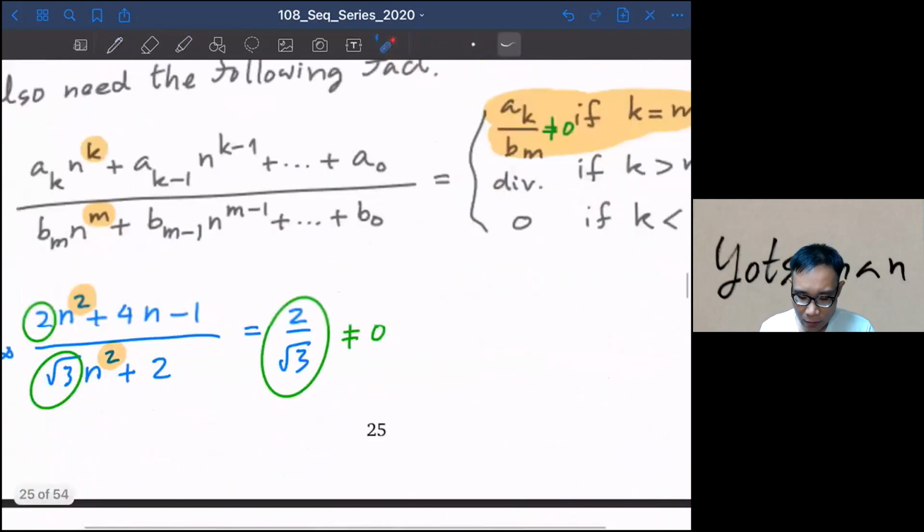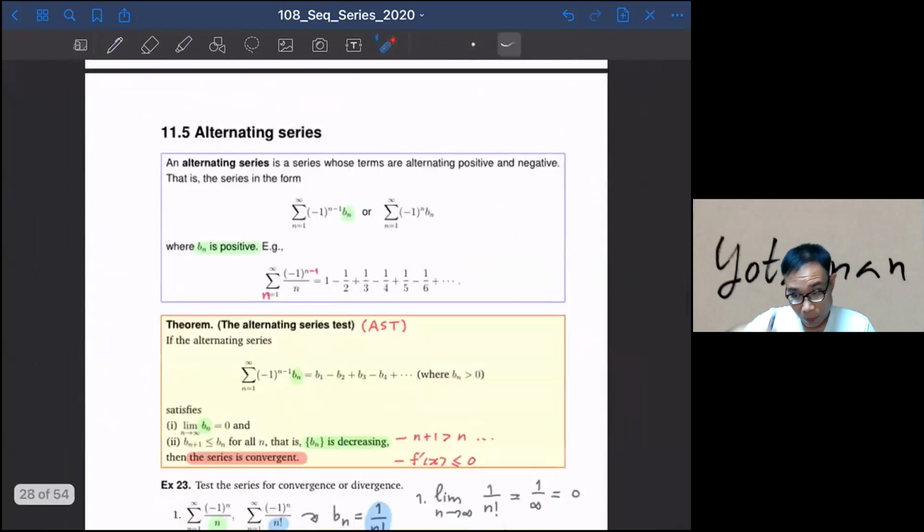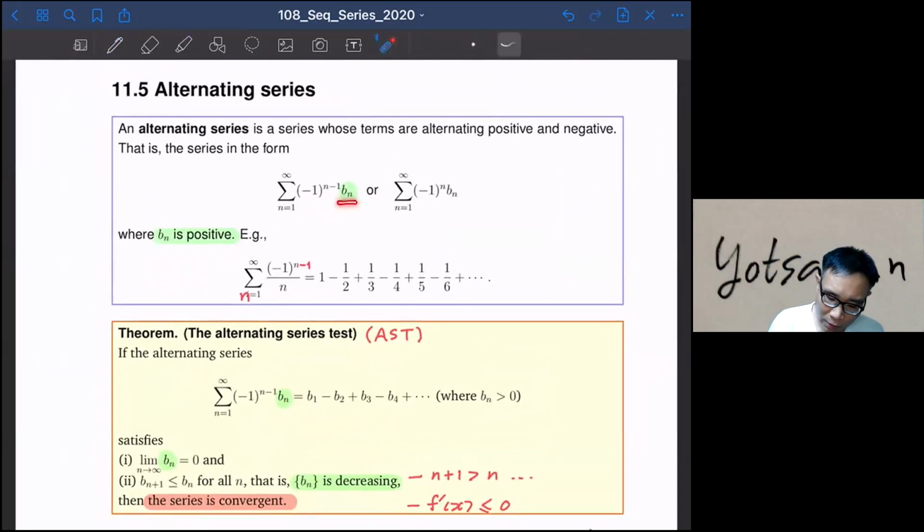For alternating series, the series must alternate: up, down, up, down. So the requirement is negative 1 to the n or negative 1 to the n minus 1 times bn, and you're going to have bn always positive.